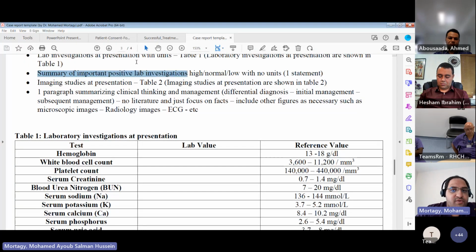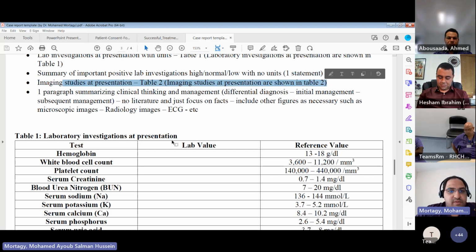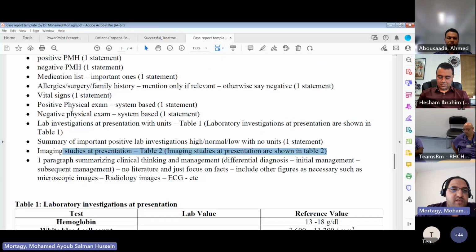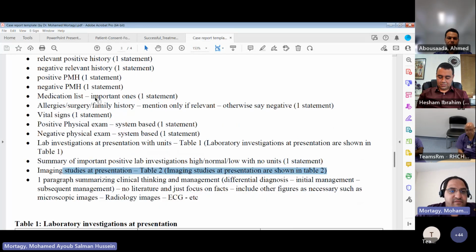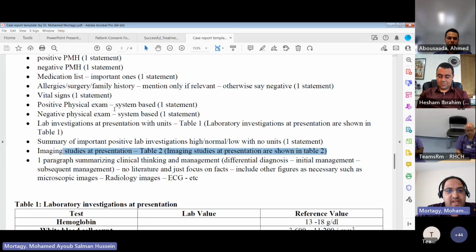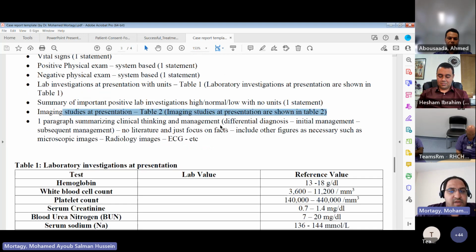Just mention the summary of the positive lab findings: high, normal, low. Okay. Mention your imaging studies again in a table. So that will be your case presentation: history, and then vital signs, examination, summary of labs and radiology, or figures if there's any biopsy or histology.